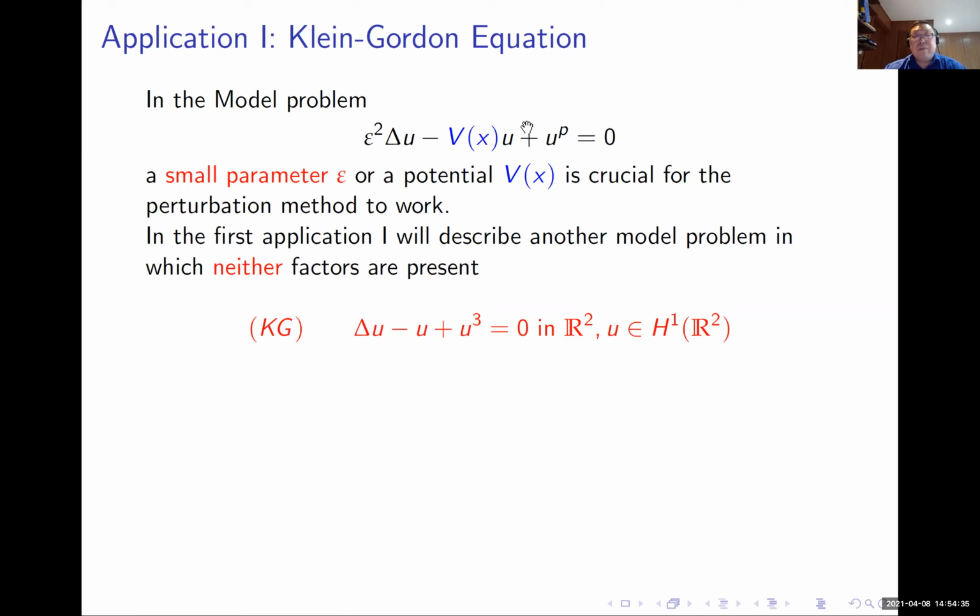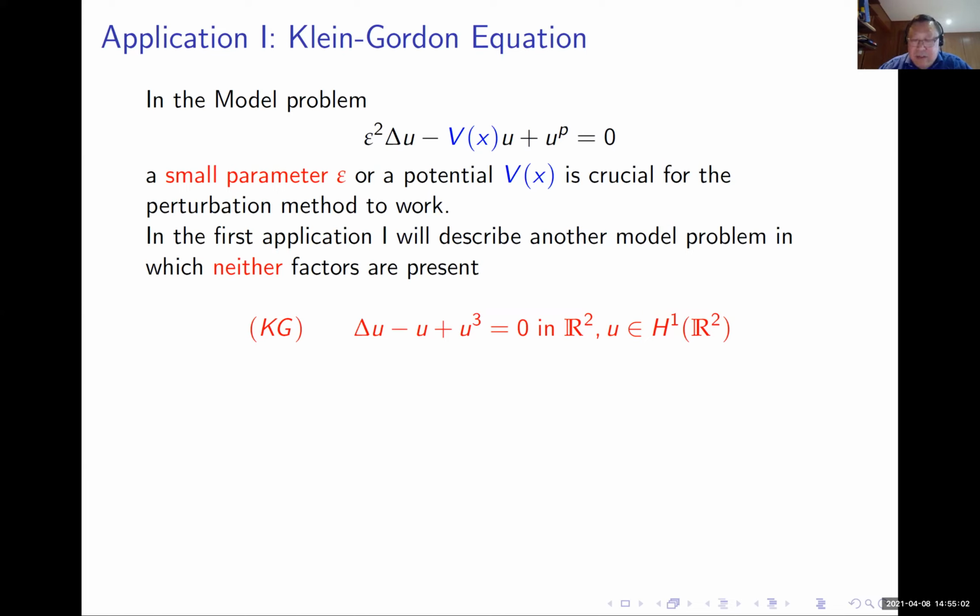So both factors are important. In this first application, I will describe another model problem in which neither factor is present. There's no small parameter, there's no potential. So for this problem, how do we apply the finite dimensional reduction?